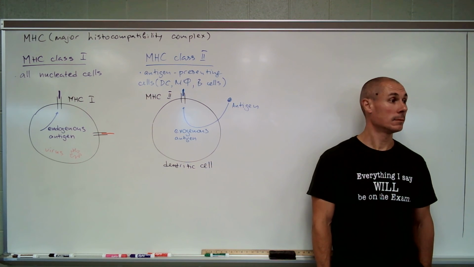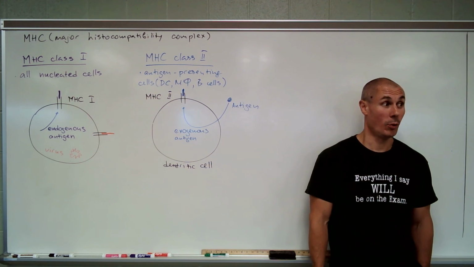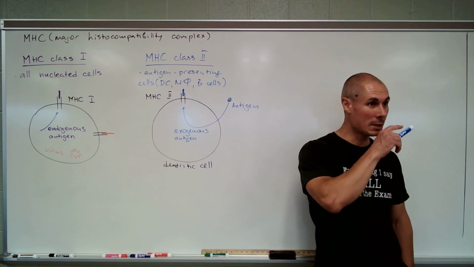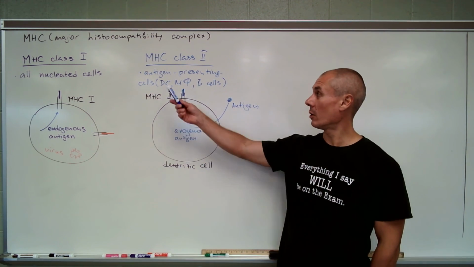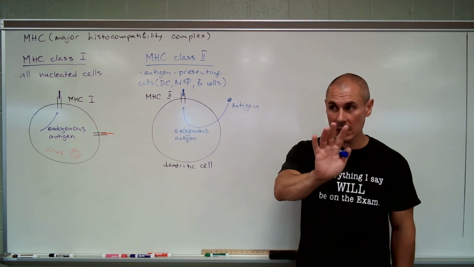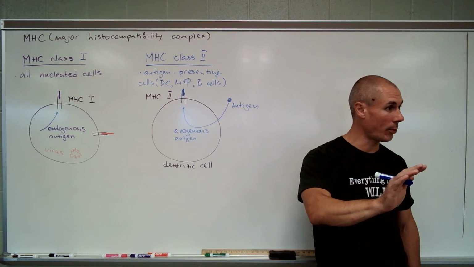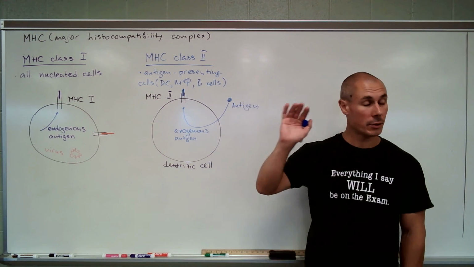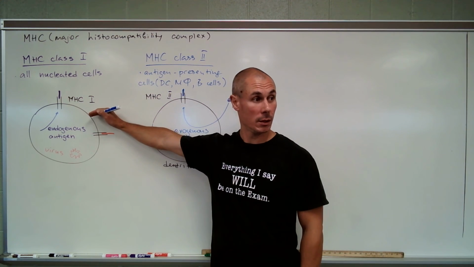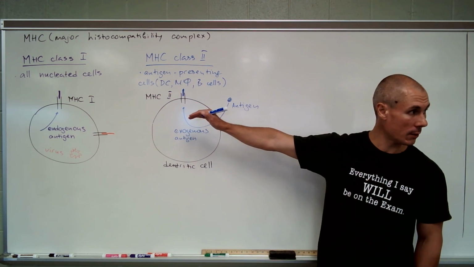Both classes. Perfect, yes, both, because dendritic cells are nucleated. And this is really important. It means that all antigen-presenting cells carry both MHC class 1 and MHC class 2.